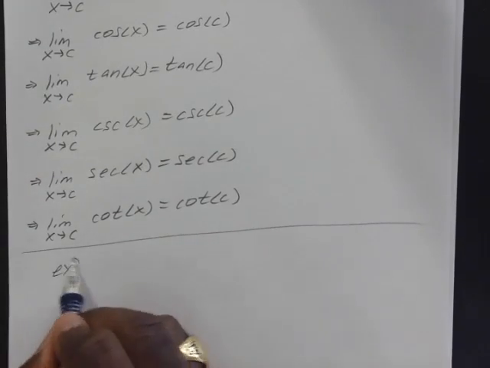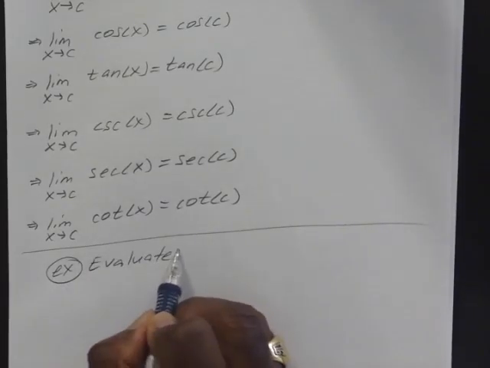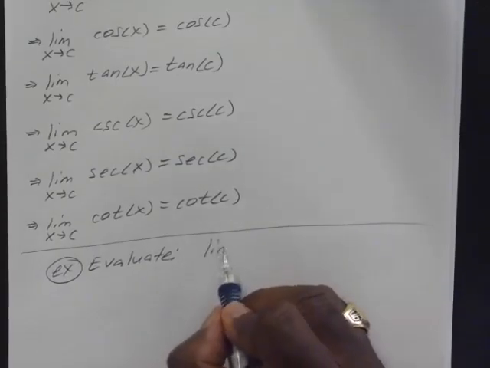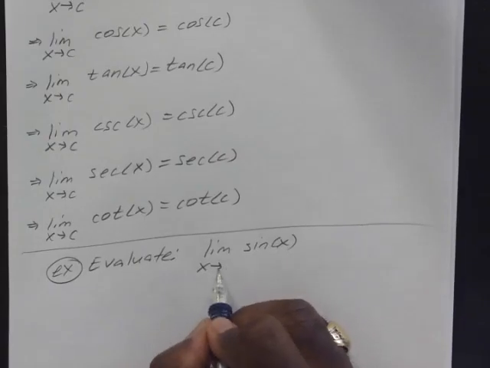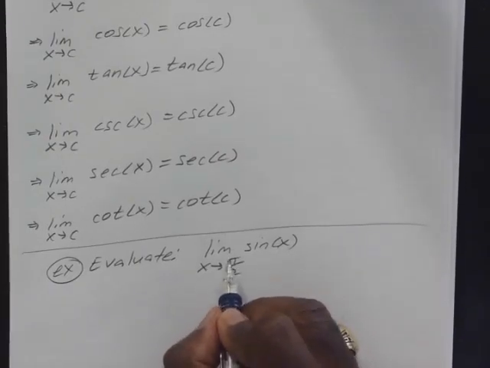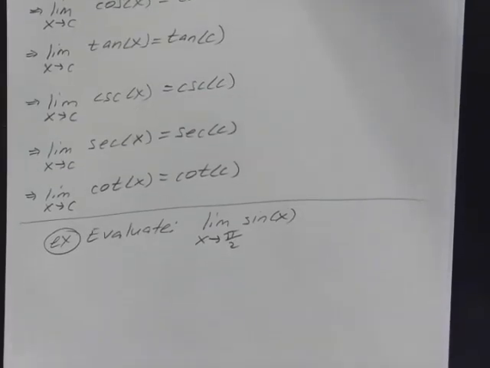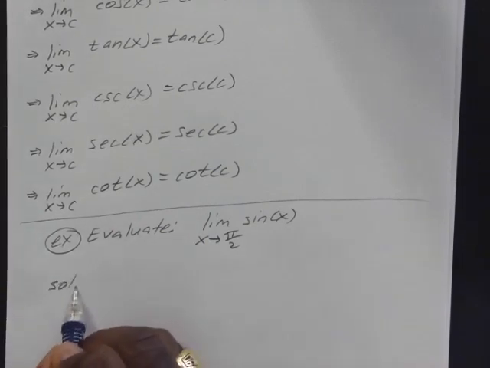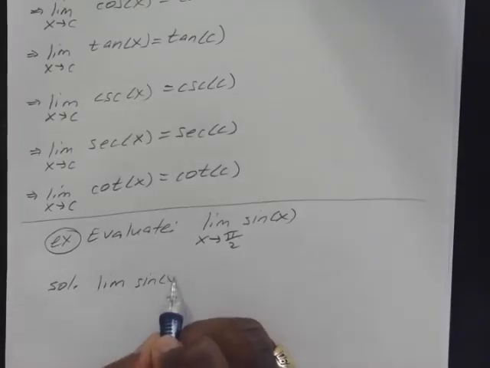So for example, if you wanted to evaluate the limit of sine of x as x approaches pi over 2. Okay, well, I'm just going to rewrite it.